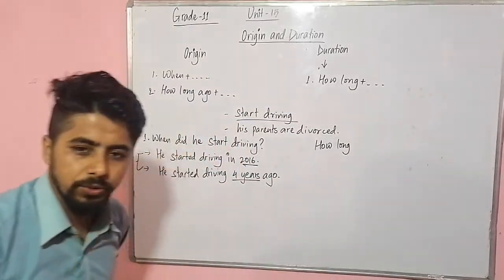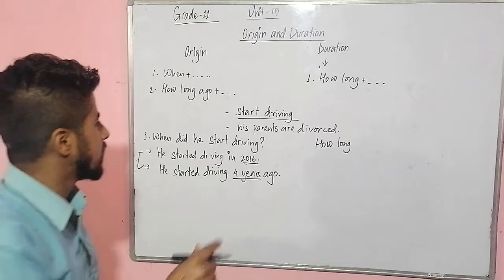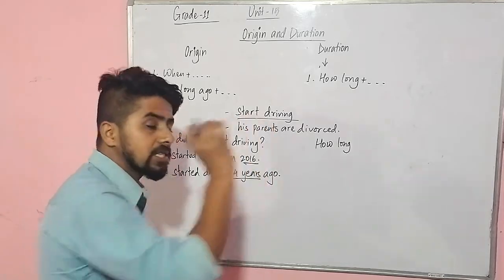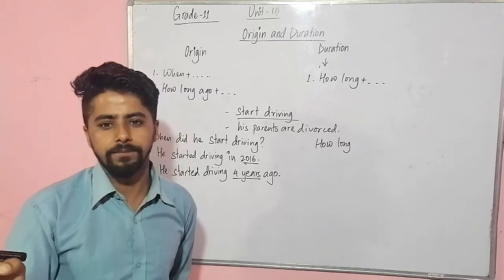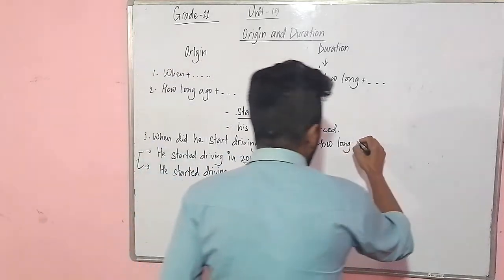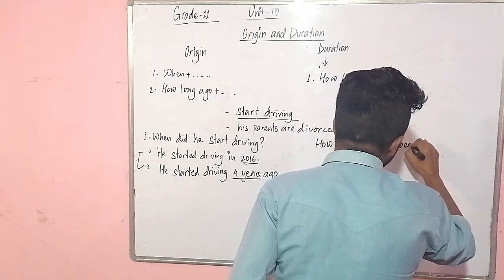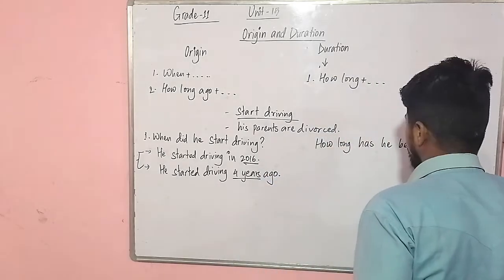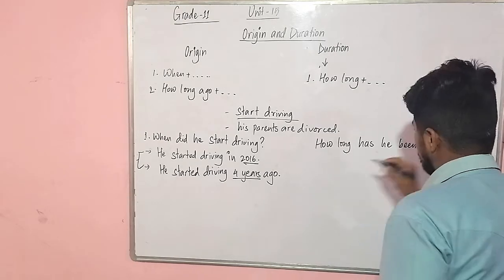Now here we have to use present perfect continuous tense, because start driving is an action verb, or a verb that can be changed into V4. So how long has he been driving is the question.